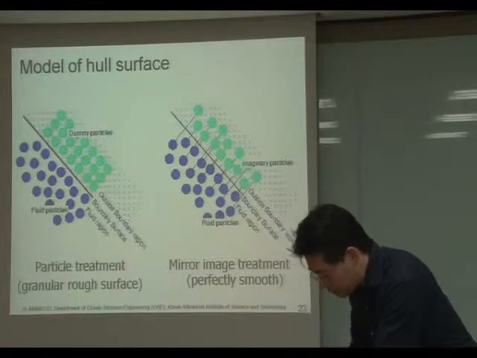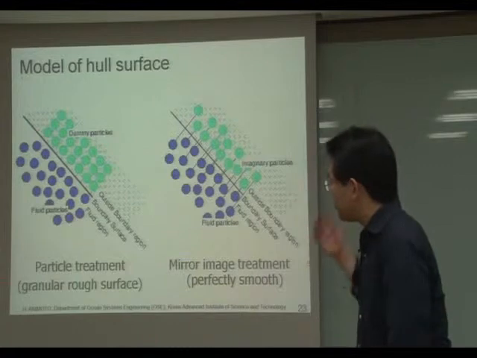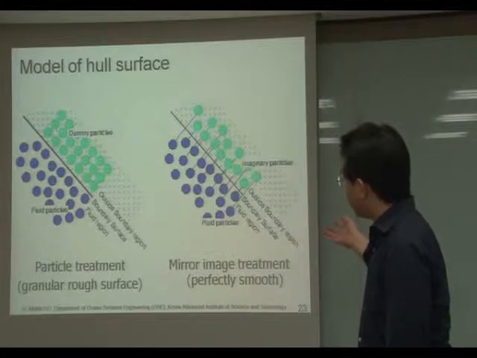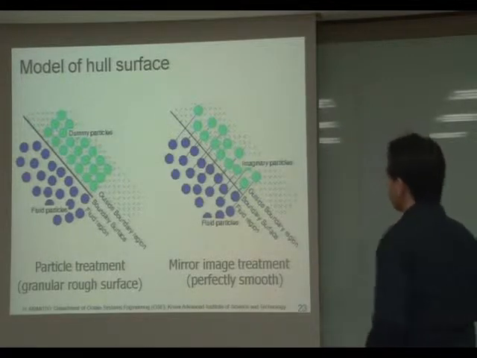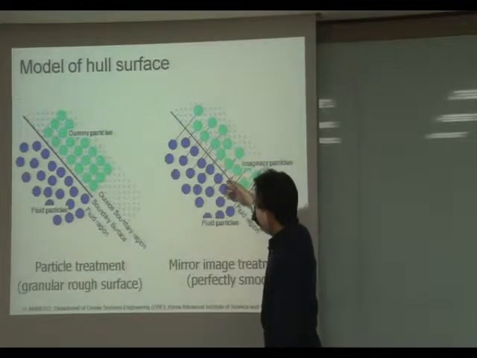One is for providing a perfectly smooth surface. It will be solved by using imaginary imaging of actual fluid particles and dummy particles.